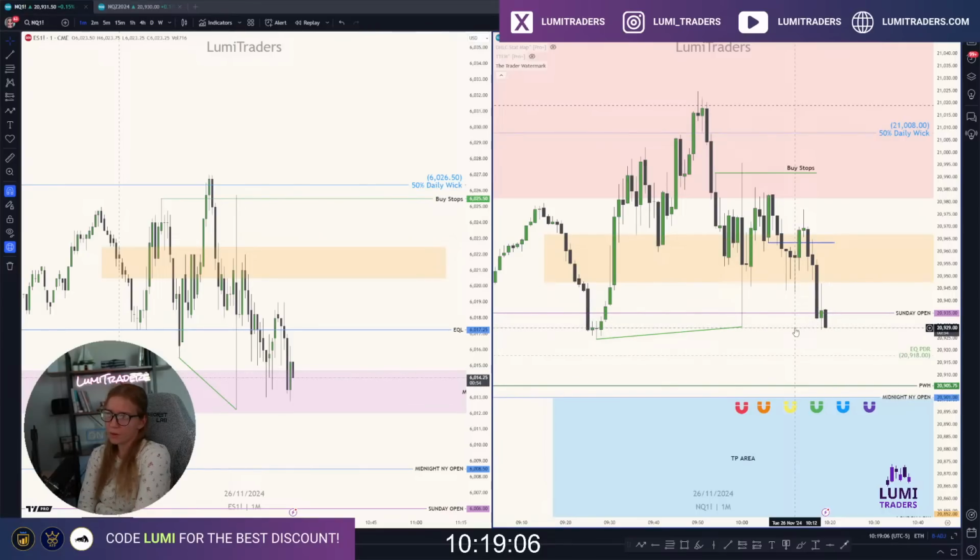Come on, NQ, it's power of magnets. No way you're going to leave these magnets. It's impossible, impossible. It's just rainbow magnets, come on, guys.